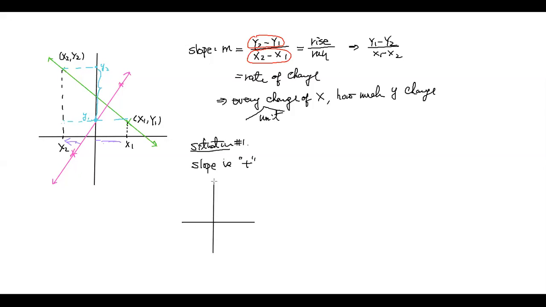So if the slope is positive, I have a line that goes this way. That means when x increases, y increases.